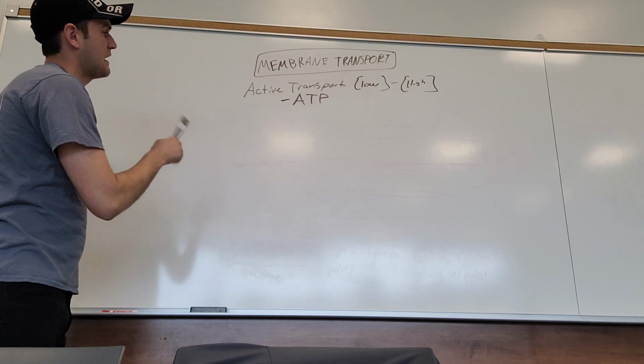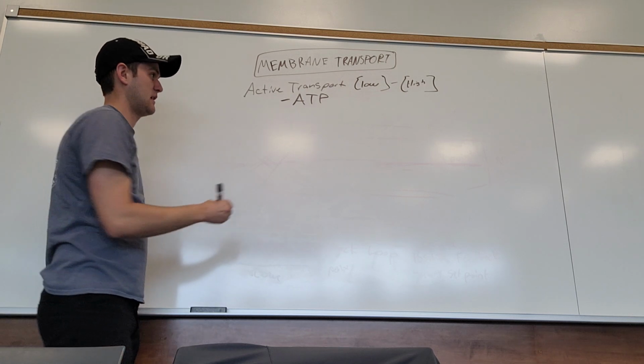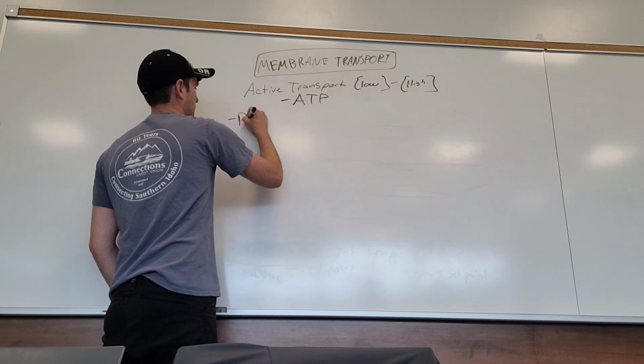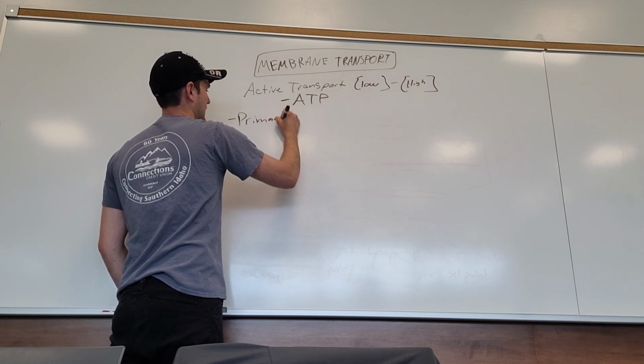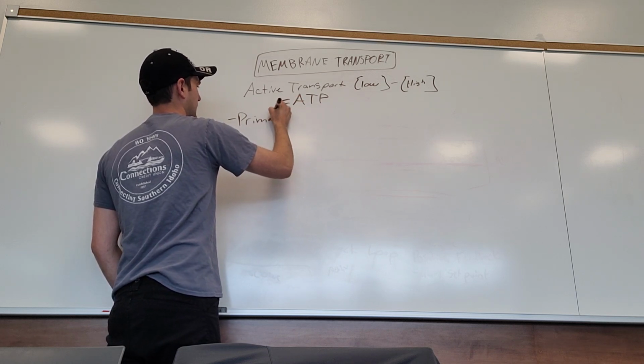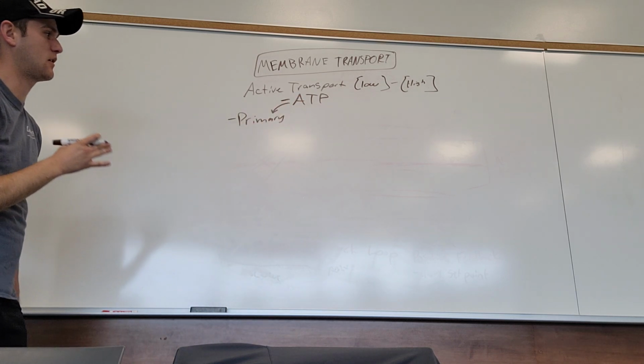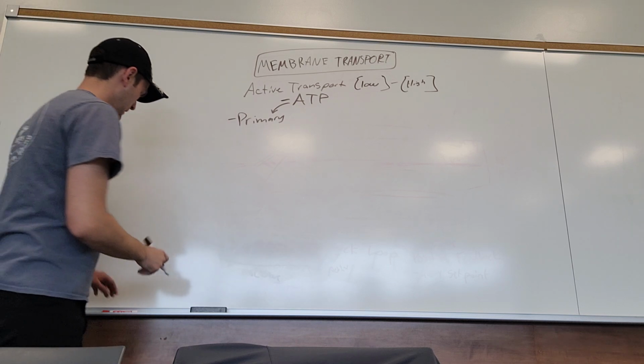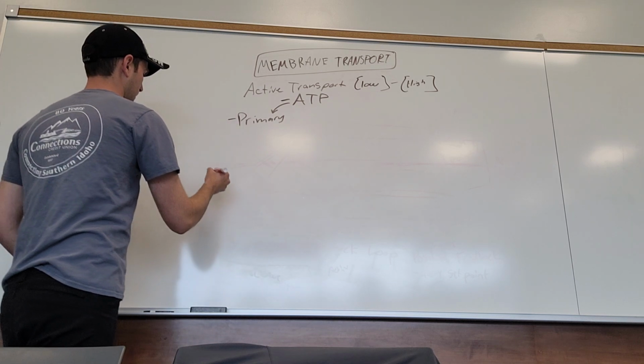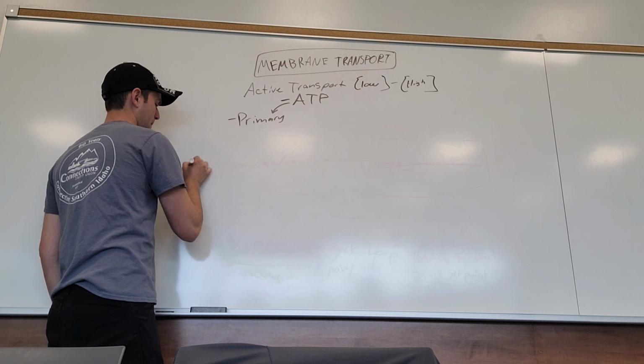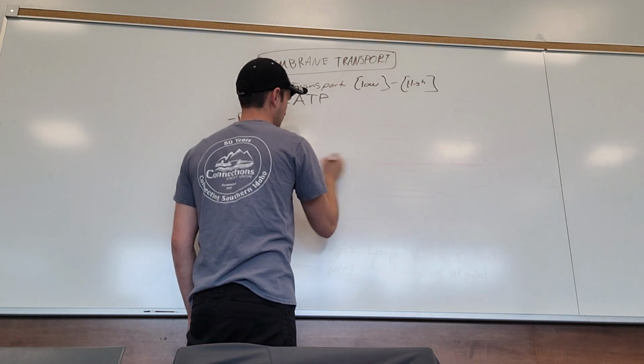ATP is what's used in our primary active transport. That's where we directly use ATP. So what's happening there, let's get our cell membrane again.